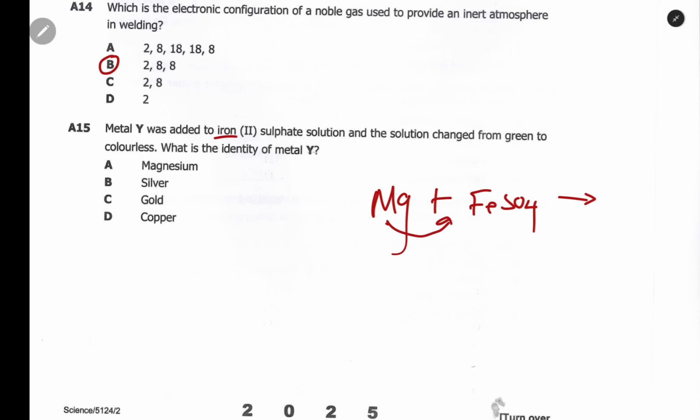The answer is A, which is magnesium, because in this case magnesium is the only one that is more reactive than iron, so it displaced iron in the reaction and therefore formed magnesium sulfate. Because magnesium is more reactive than iron, it can displace iron in the reaction, hence the solution changed to colorless. So we need the one that is more reactive than iron, and that is magnesium.